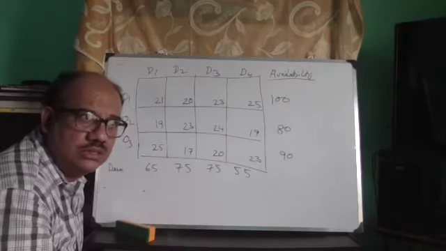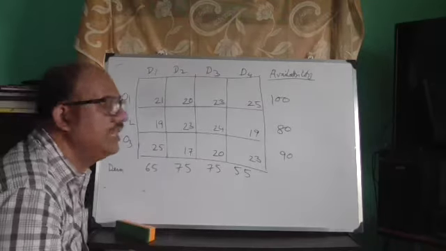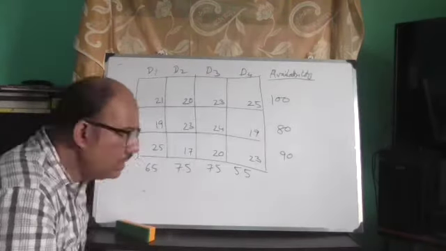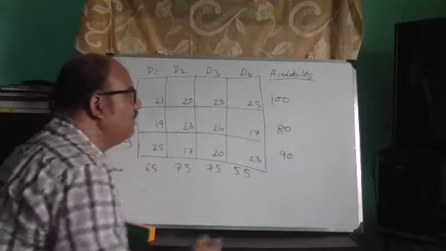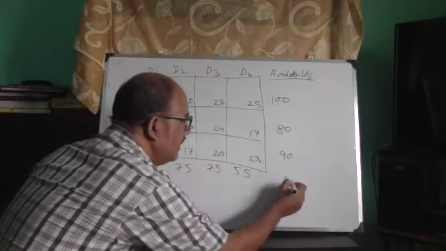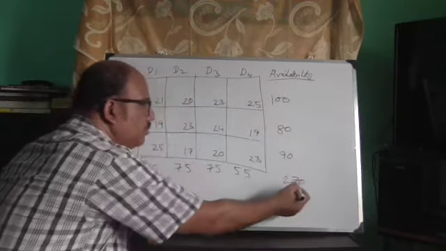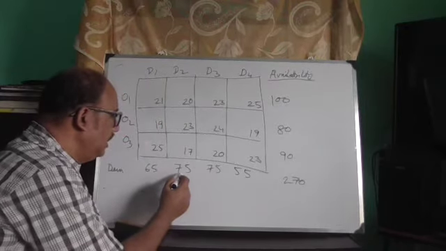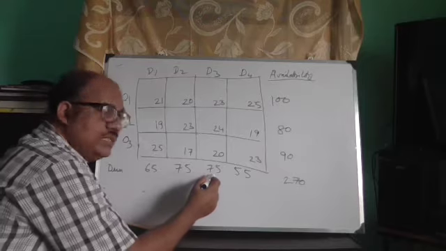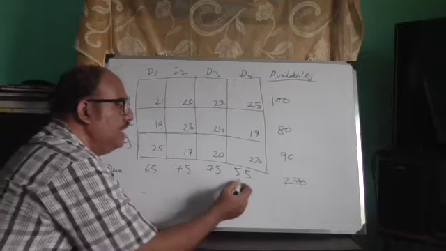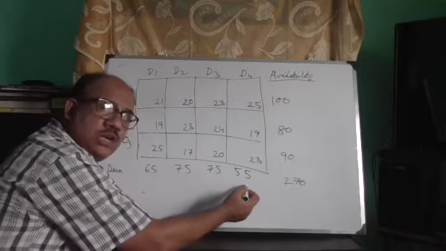Step 1 is we have to check whether the problem is balanced or not. The problem will be balanced if the total availability is equal to the total demand. If we add the availability, that is 100 plus 80 plus 90, it is 270. So total availability is 270 and total demand is 65 plus 75 is 140, 140 plus 75 is 215, 215 plus 55 is 270.